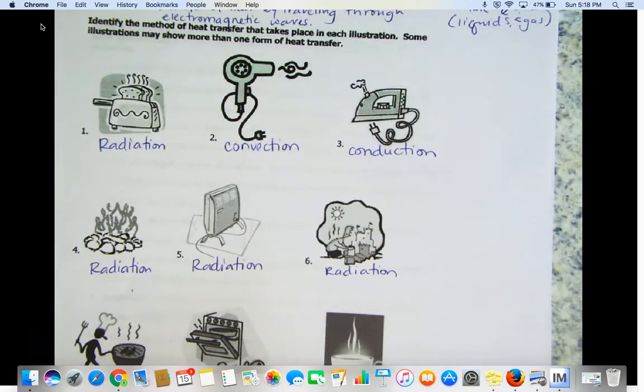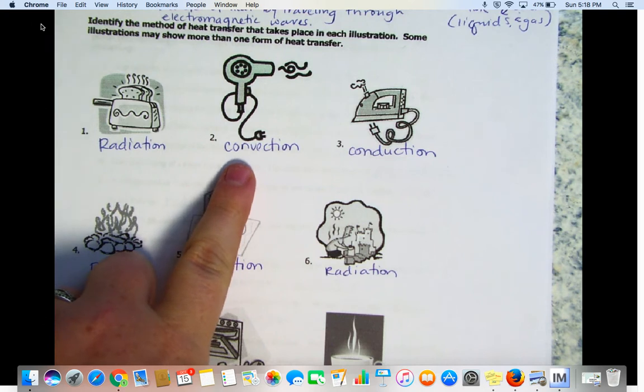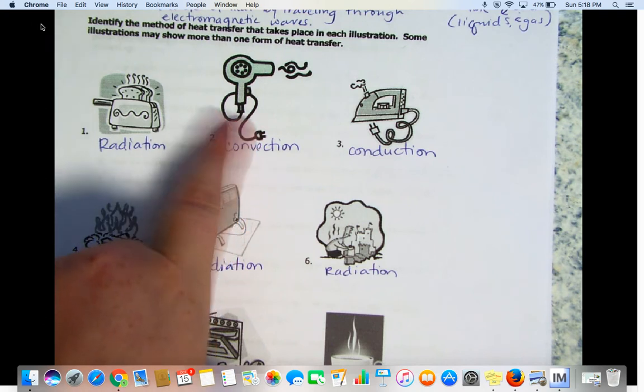Convection. Remember, convection happens in what two states of matter? Liquid and gas, correct? When I blow dry my hair, I'm not having to hold the blow dryer to my hair to dry it, or my hair would be burnt off, right? It's not radiation, it's convection. So my blow dryer is doing what?